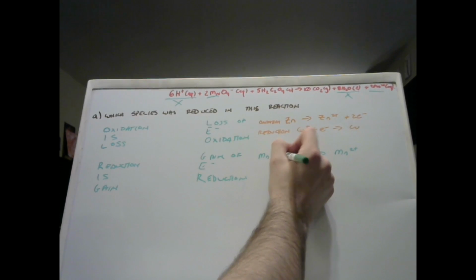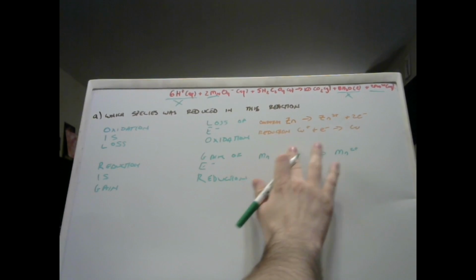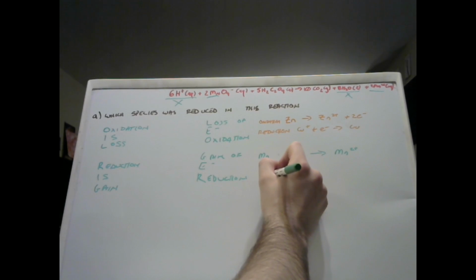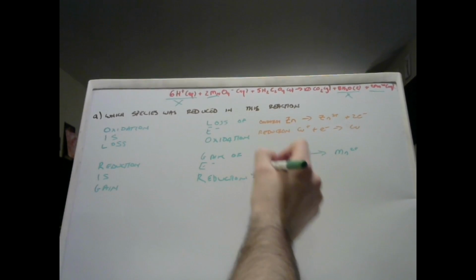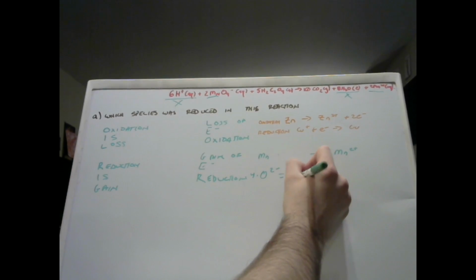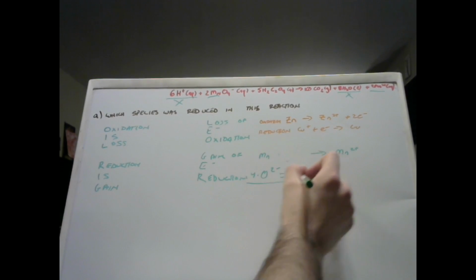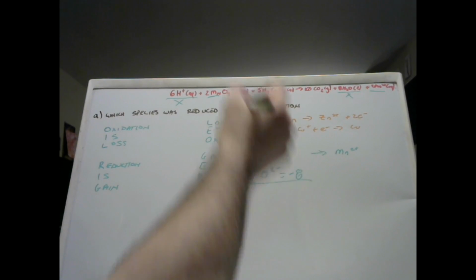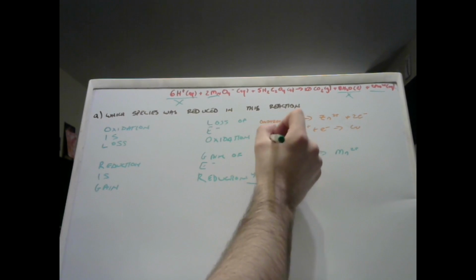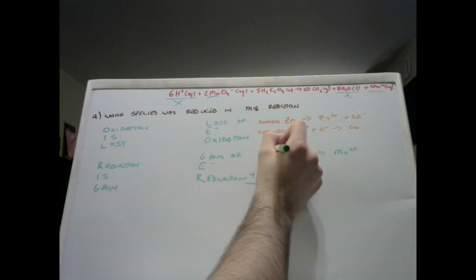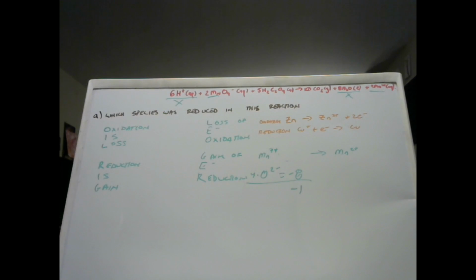Each oxygen has a -2 charge, and there's 4 of them, so that means there's a total of -8. In order for this entire thing to add up to the -1 we have here, the manganese has to have a +7 charge, or a +7 oxidation number. Remember, charge and oxidation number are the same thing.